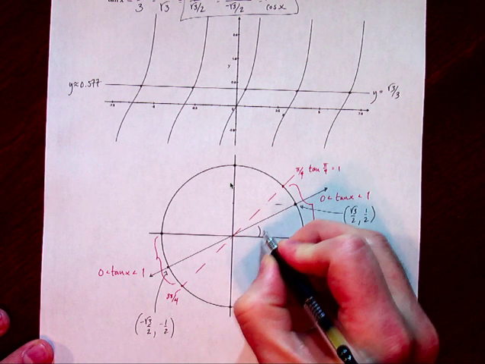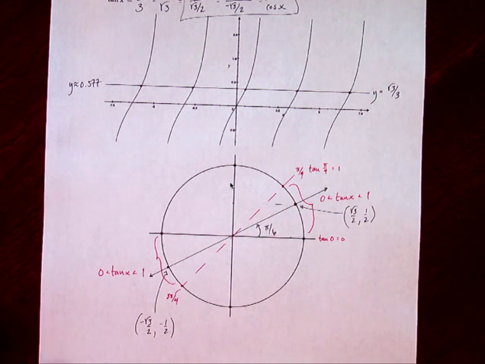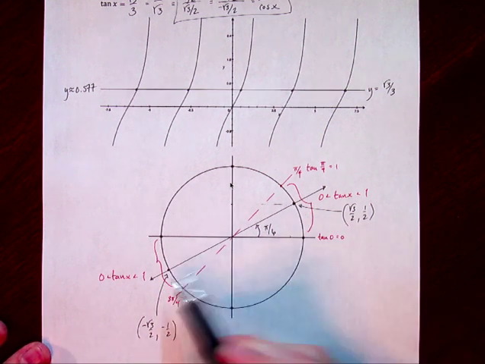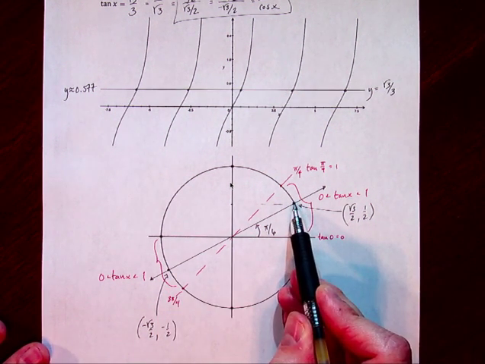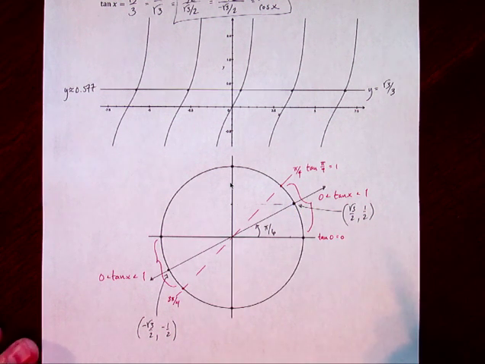And that right there is pi over 6. But remember that the period of tangent is pi, and it has identical values exactly across the unit circle. Exactly across the unit circle is a fancy way of saying plus pi, okay?